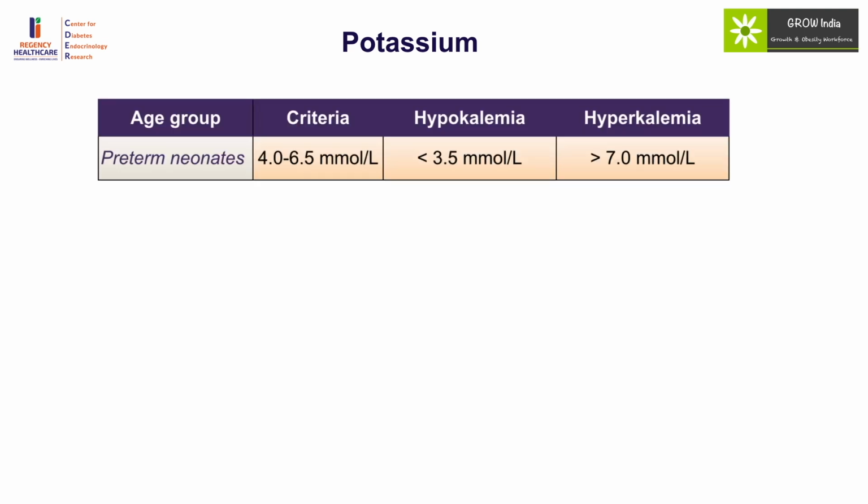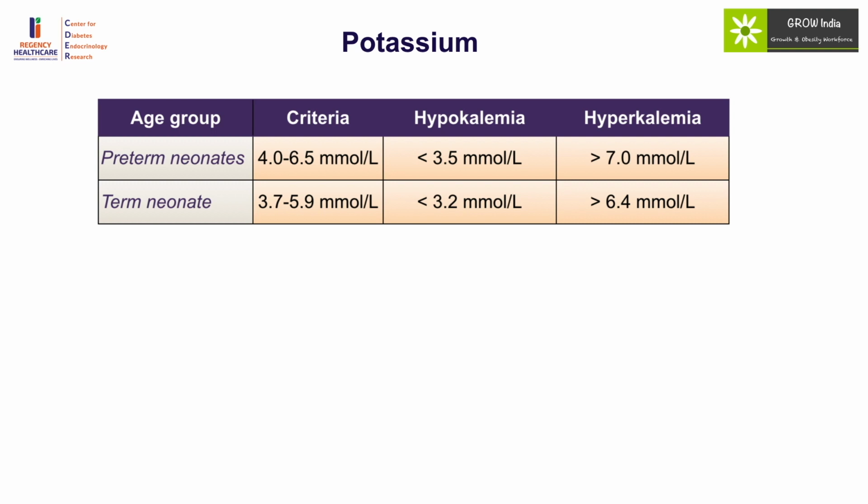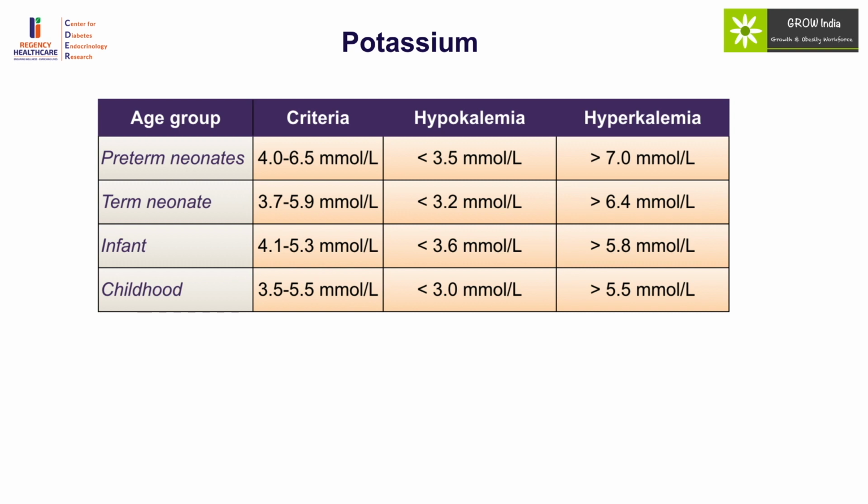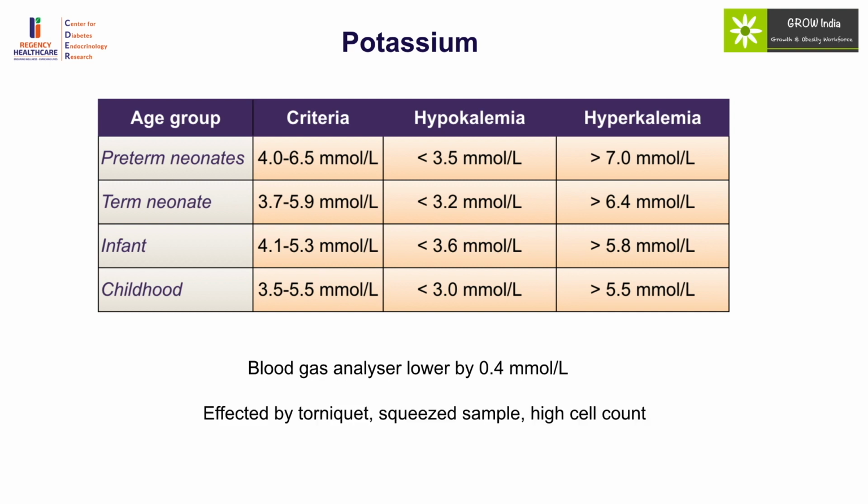So while the levels are higher in preterm neonates, hyperkalemia is defined only when the levels are more than 7. The levels tend to come down in term neonates, but only after infancy do we tend to use the adult levels, and again one needs to be cautious when using the blood gas analyzer in this setting.